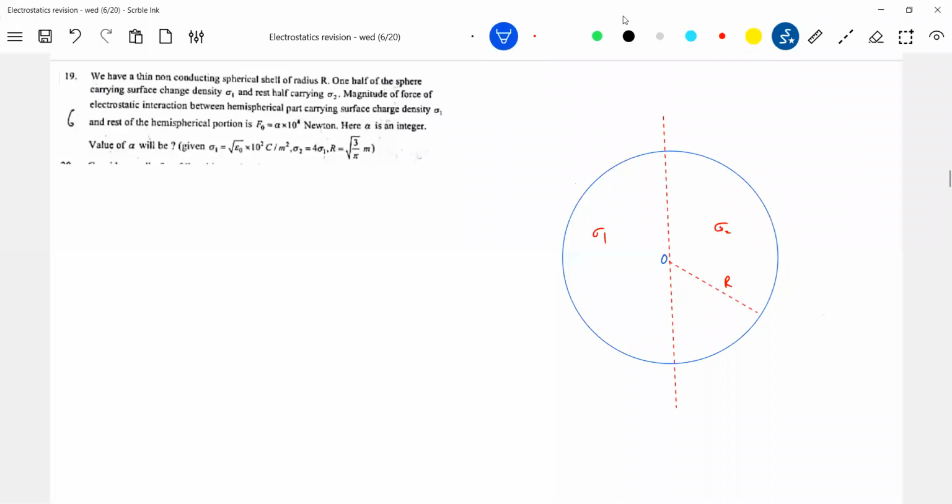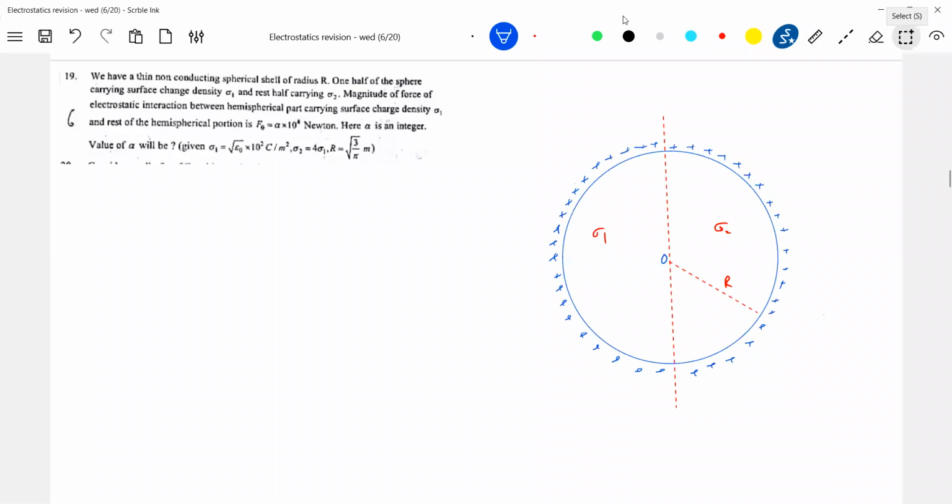So what is the basic idea now? This particular charge which is present here. Definitely the amount of charge present will be different on each hemispherical surface.